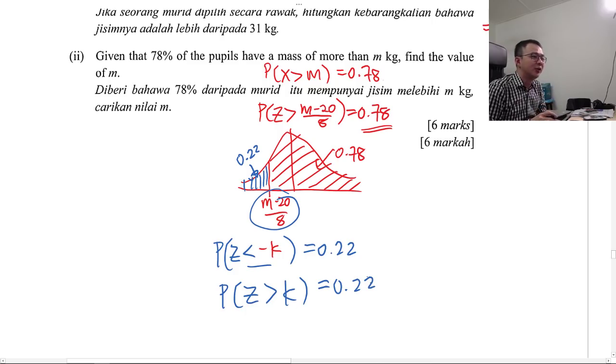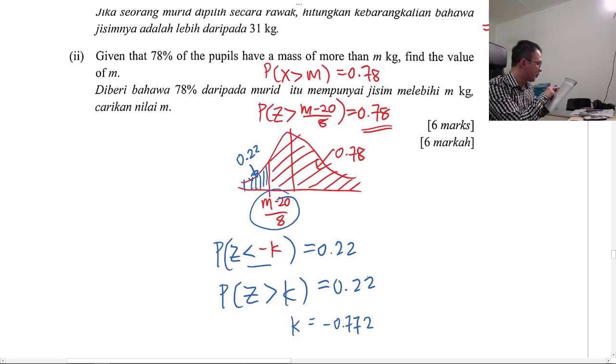Alright, so then I want to find the k value by using the Z value table again. But 0.22 this time I will find inside. And 0.22 will give me, I hope I can get a nice one, 0.772. So k should equal negative 0.772.